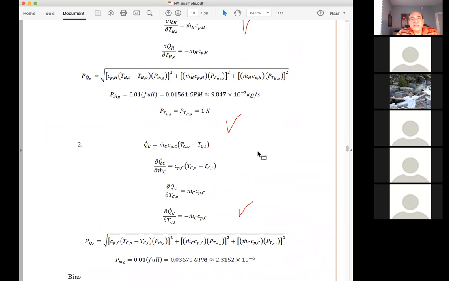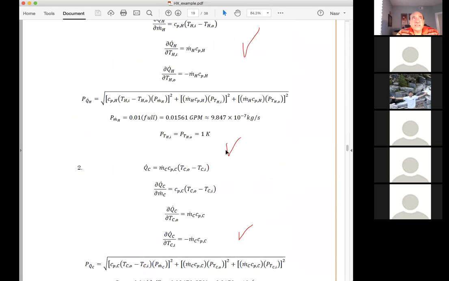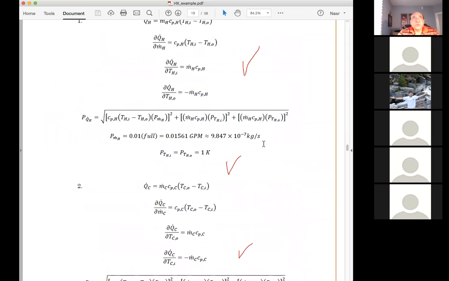Error analysis, I give you two methods. One is by taking derivatives and adding the errors as quadratures, like just the squares of the errors and take the square root. Or you can do it with the perturbation method that I showed you as a table and changing the errors in the temperatures and in the mass flow rate.